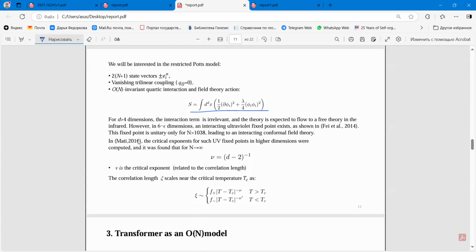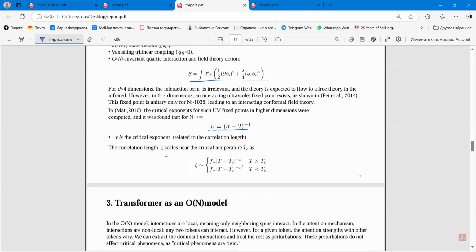In Matty's article, the critical exponents for such ultraviolet fixed points in higher dimensions were computed, and it was found that for infinite n, we can get some equation for the critical exponent related to the correlation length.